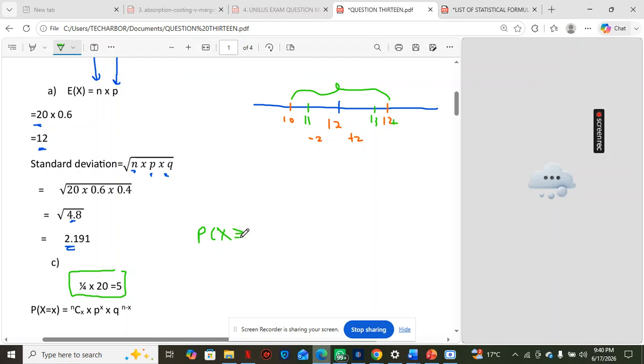Okay, so you're going to write it like this. The probability that at least 5 students prefer working in the banking industry. Okay, this is the probability that we want to find. Now, this is where you need to pay close attention.